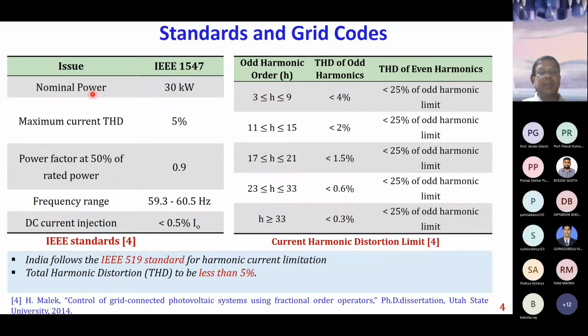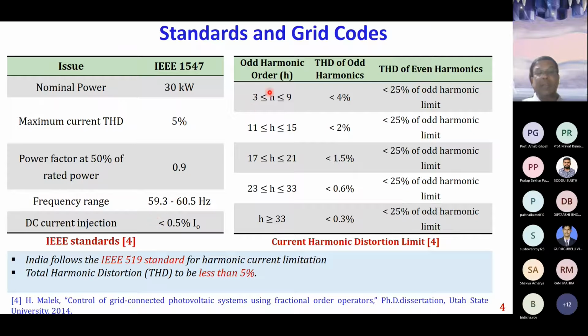There are several factors to be taken care of. One of the factors is, for example, the THD, the total harmonic distortion, which should be less than 5%. The power factor at 50% of the rated power should be around 0.9. And the frequency variation is 59.3 to 60.5 hertz, if it is a 60 hertz system.